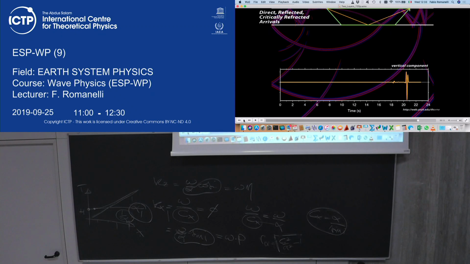Okay, from this very simple model that we're going to explore a little bit in the afternoon, you can play with many models for applied geophysics, for example. You can do reflection geophysics using the refraction ones. You can use also earthquakes, but we have a problem because we don't know exactly where the source is.